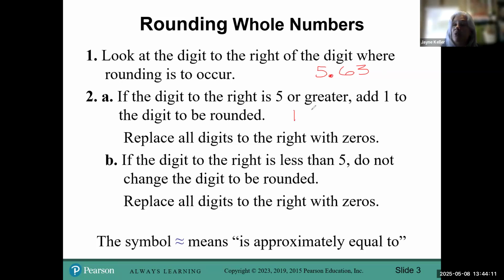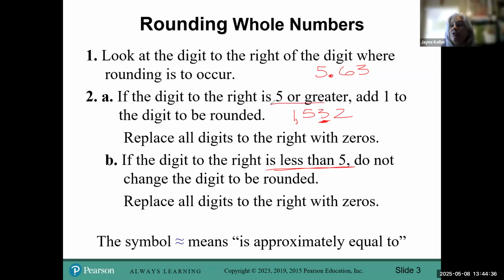So if I have the number 1,532 and I want to round this to the nearest tens, these are the tens place. So I'm going to look to the digit just to the right of that, which in this case is a 2. Because it's a 2, I'm going to leave it alone. If it's less than 5, I leave it alone.